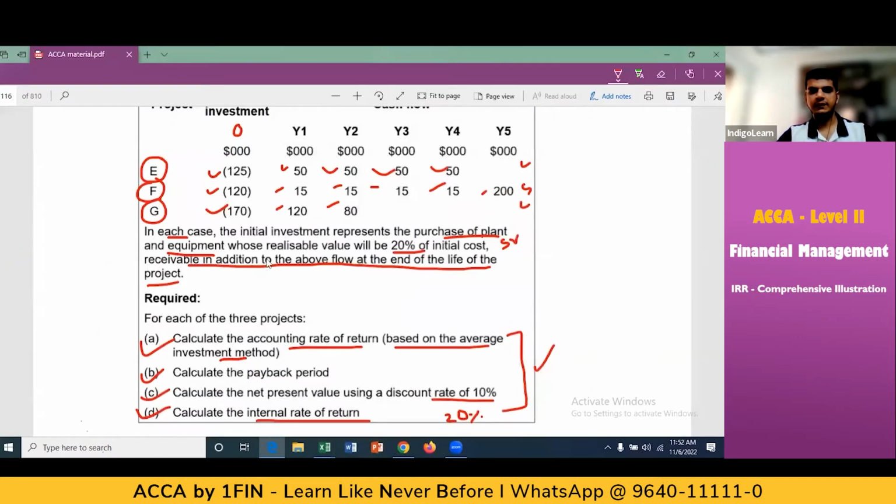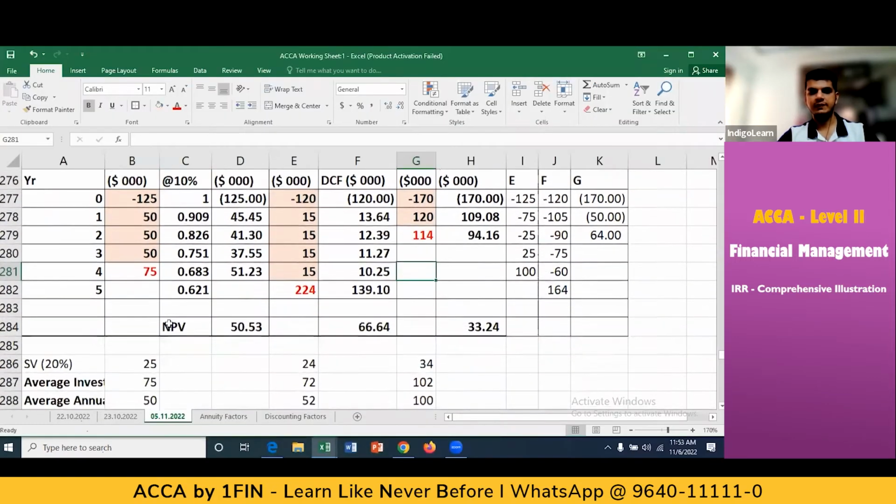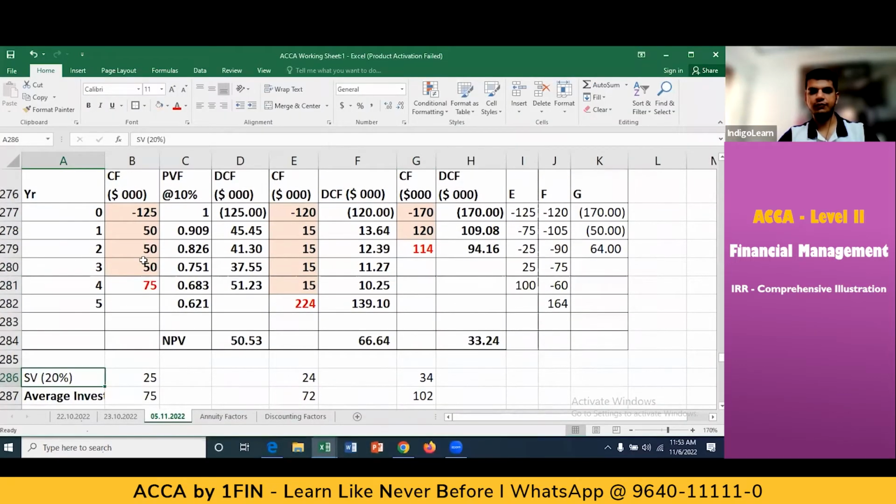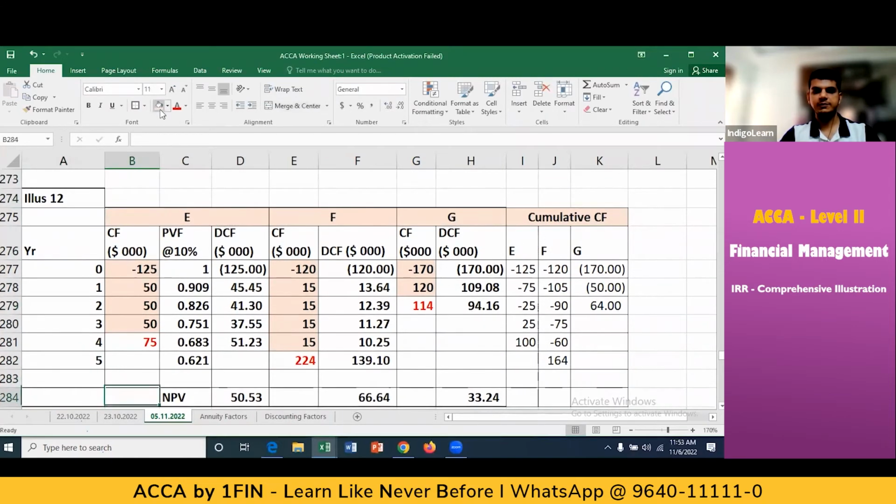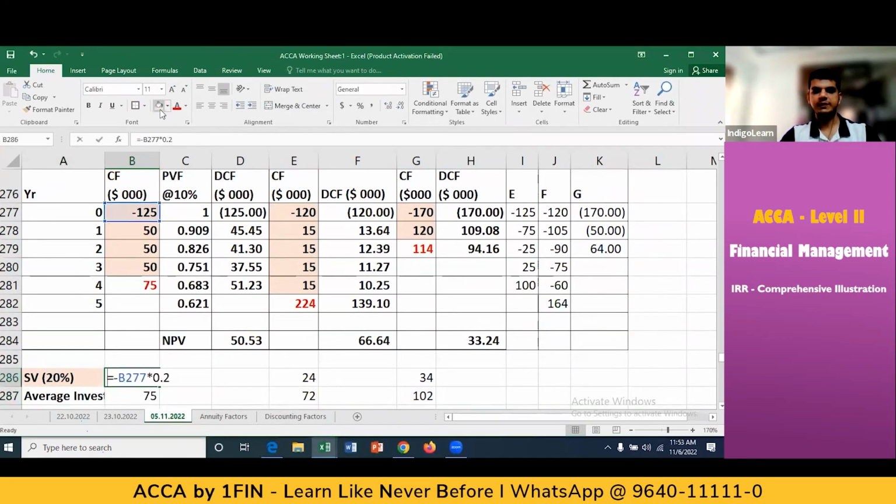Here it is saying that you will be realizing at end of the year 20% of the initial cost as scrap value. So that should also be taken as a cash inflow at end year. So we'll just calculate the scrap value and add it to the last year. In project E, the initial investment is 125, so 20% of it is 25.